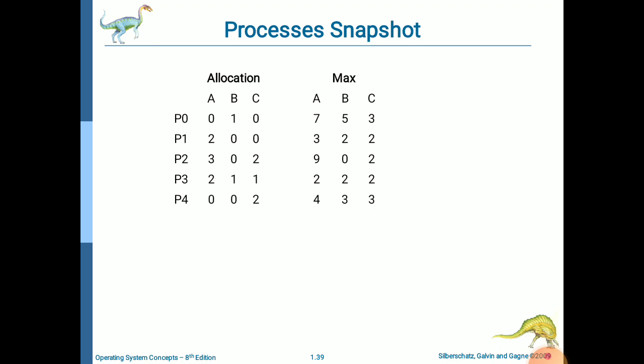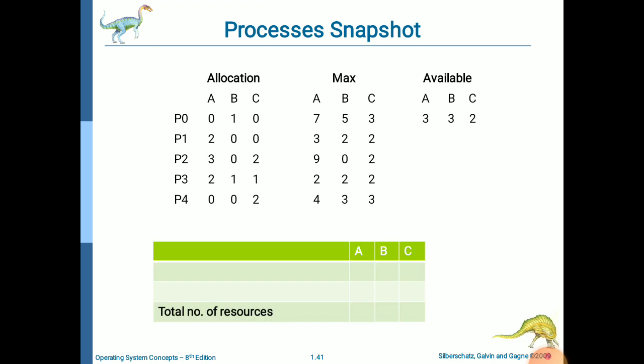Now the snapshot should also give the available set of resources. After allocation of all the resources, the available instances of A, B, C are 3, 3, 2.